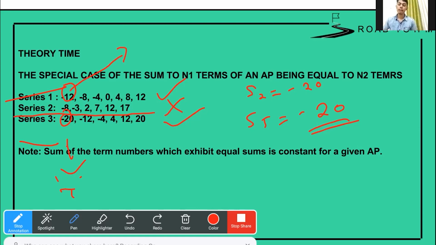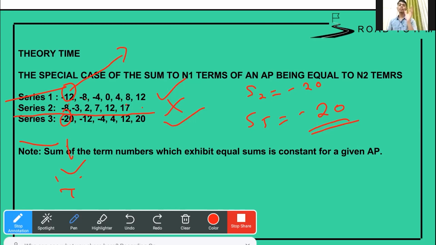Keep that in mind. Other than that, they should cancel each other. For example, minus 12 and 12 are cancelling, minus 8 and 8 are cancelling. That is a problem with series 2. None of it cancels each other. Minus 8 has no corresponding additive inverse, and because of that, series 2 does not qualify. On the other hand, series 1 and 3 qualify pretty well.